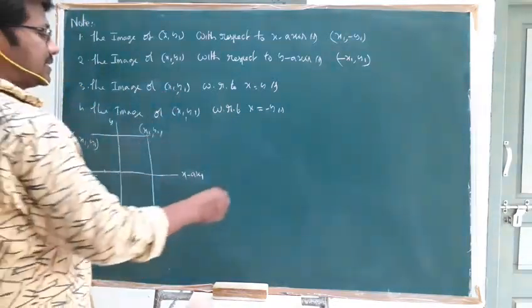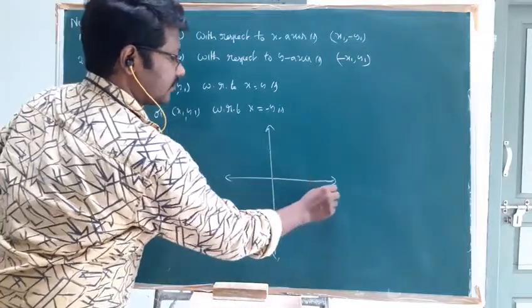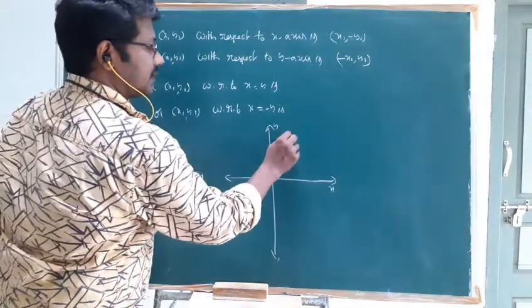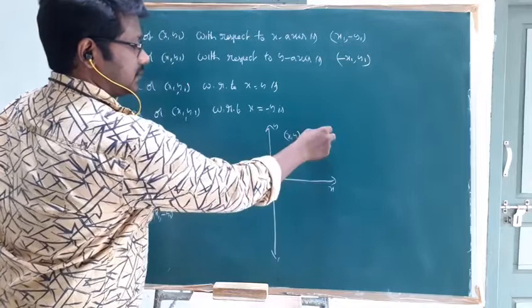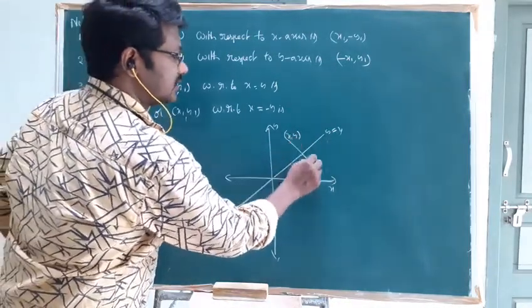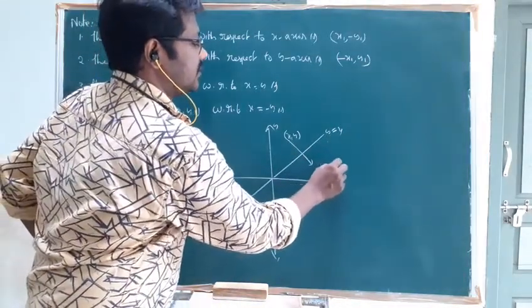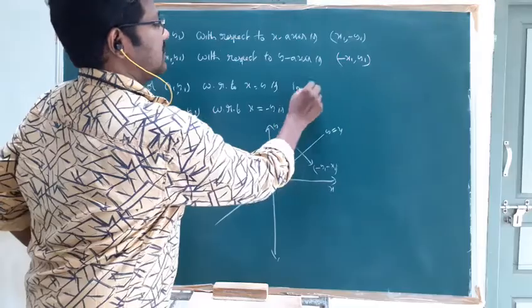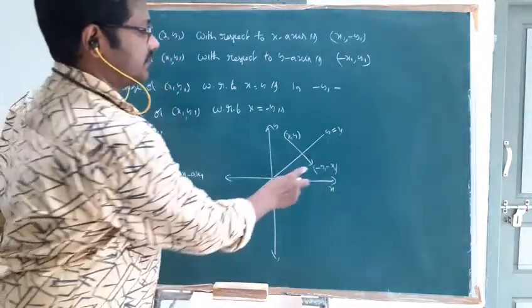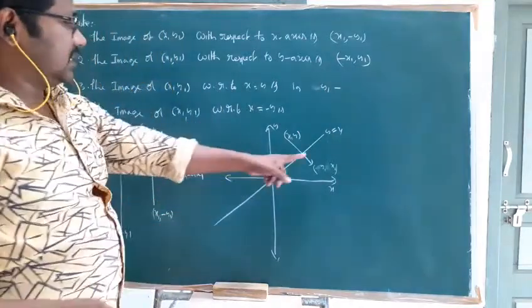Next, third one. This is x-axis, this is y-axis. Image of x1, y1 with respect to y is equal to x.